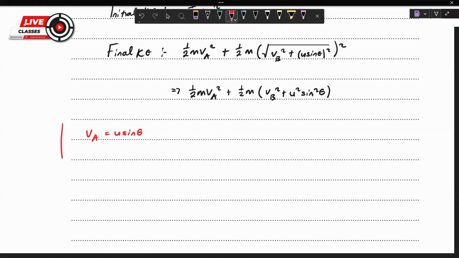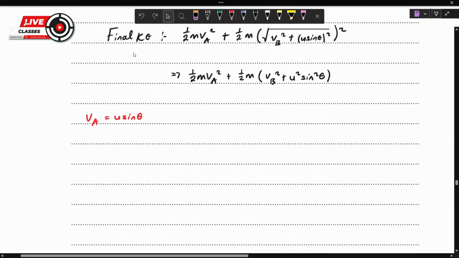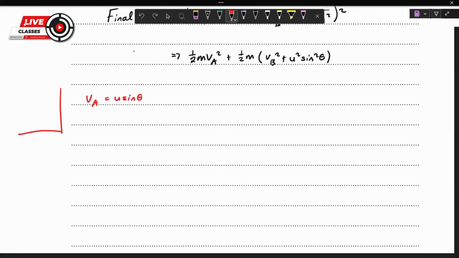If we draw a little right angle triangle, and this is theta, and tan theta is 3/4, it means the hypotenuse is 5 by Pythagoras theorem. So sine theta is 3/5. So VA technically is 3/5 of U. So this is what we have, and it's important.